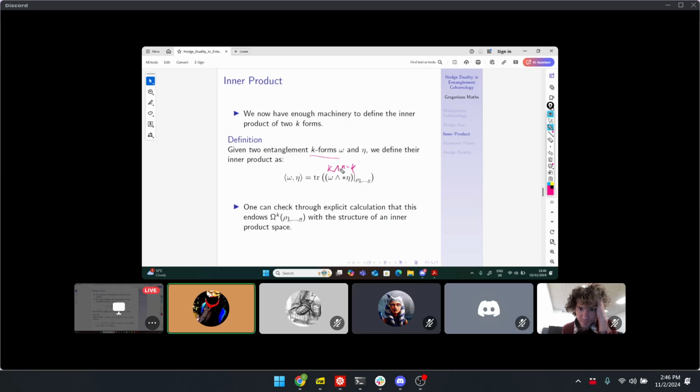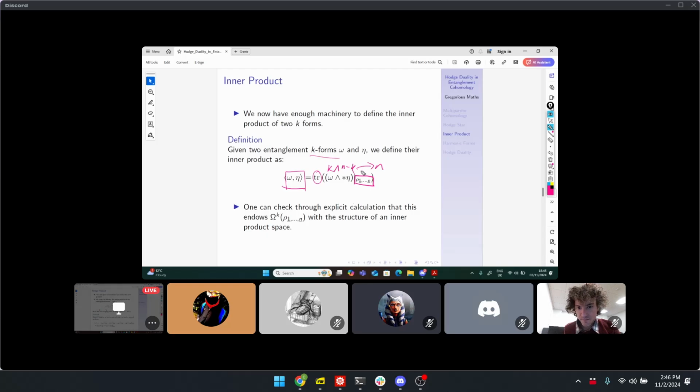When we take their wedge product, if we add these two together, it's going to give us an n form. So that's why we need to restrict it to this row. And we want a number because we want the inner product to give us a number. So we take the trace of this matrix that we end up with.